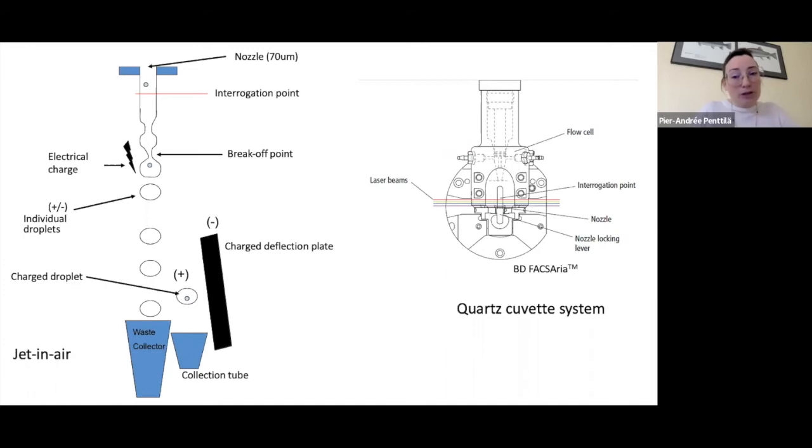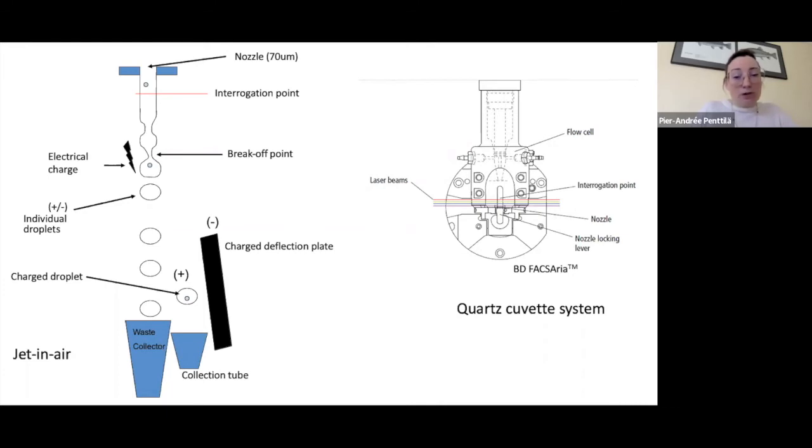And this vibration causes the fluid emerging from the nozzle to break up into tiny droplets. The flow chamber, and hence the flow stream, is charged at the moment a cell of interest is inside the droplet currently being formed.